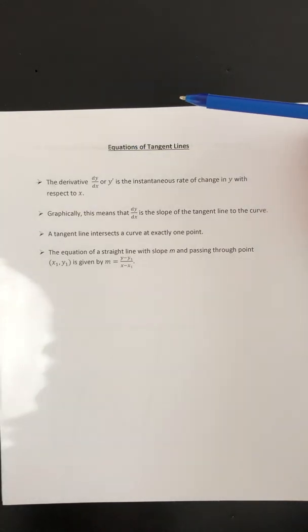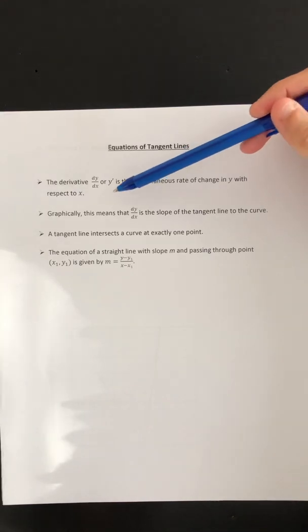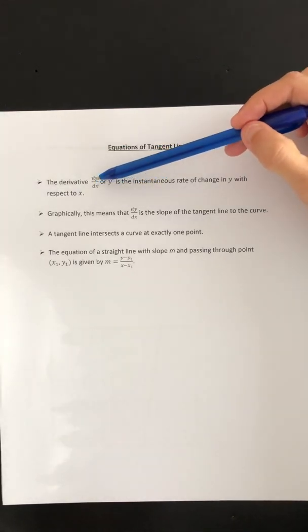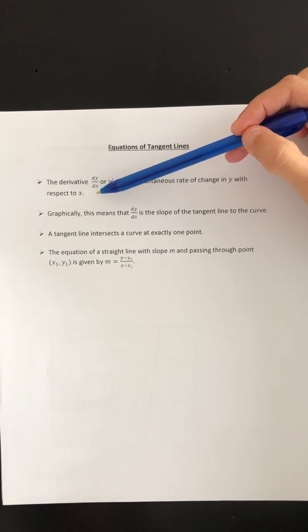So what I want to do today is look at the graphical interpretation of this. And we know that change in y over change in x is equal to slope.